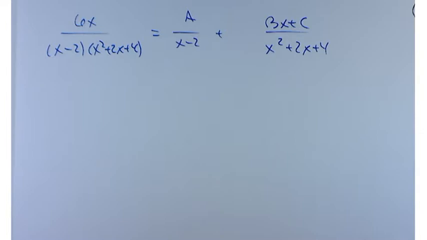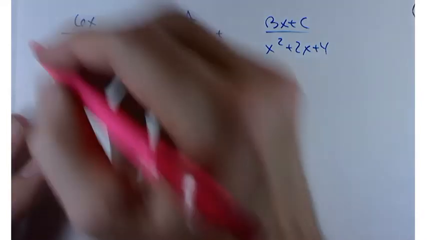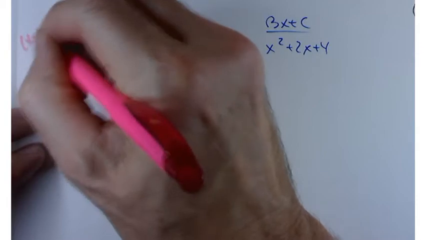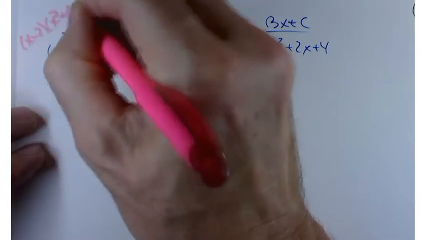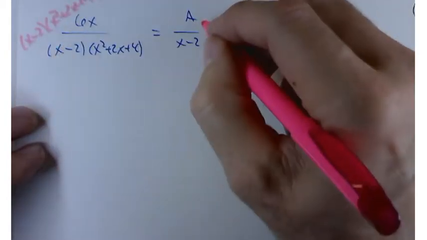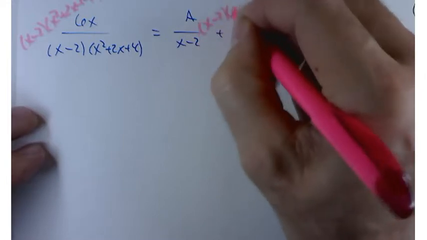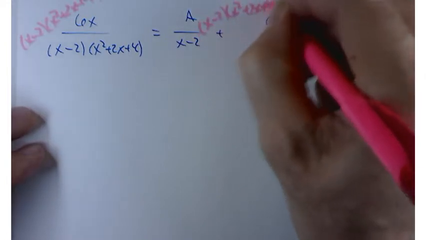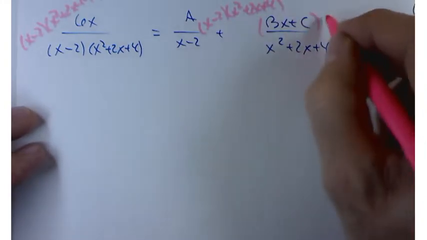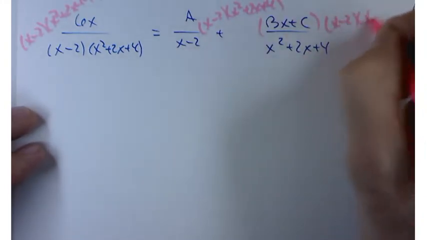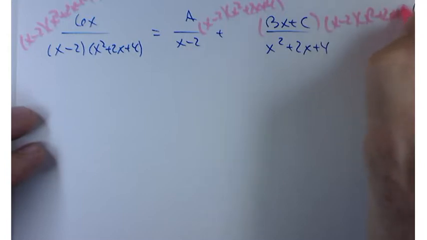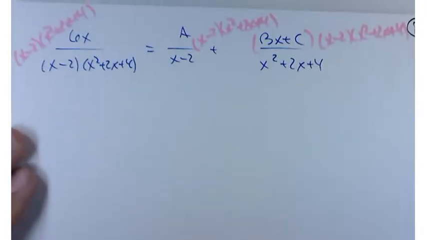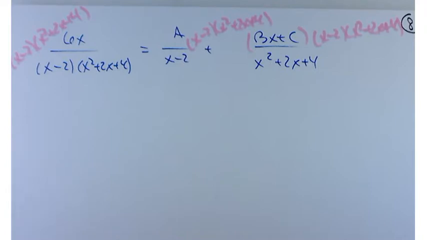As before with all these, we're going to multiply both sides by the lowest common denominator, x minus 2 times x squared plus 2x plus 4. So each term is going to get multiplied by that denominator.